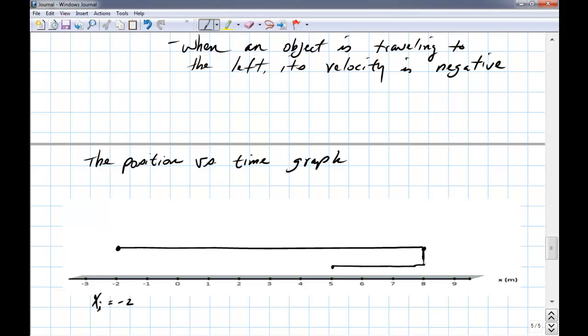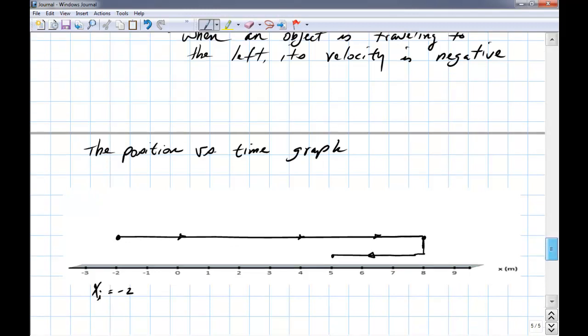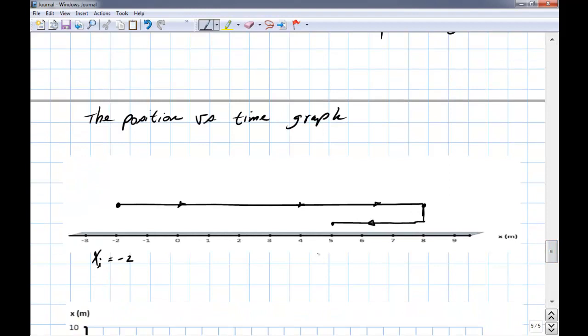We'll indicate the direction of travel by introducing arrows. We'll also mark the final location right here as x final equals 5 meters. And now I'm going to introduce some time values. Let's assume that the problem begins at an initial time of 0 seconds. Let's also assume that it took us 5 seconds to reach this location out here.